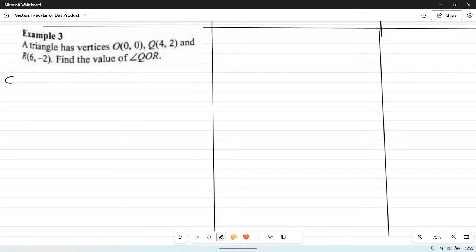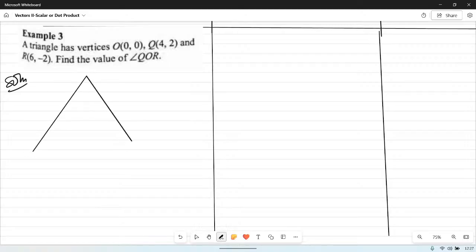Okay, triangle OQR. Now, O is 0, 0. Q is 4, 2.